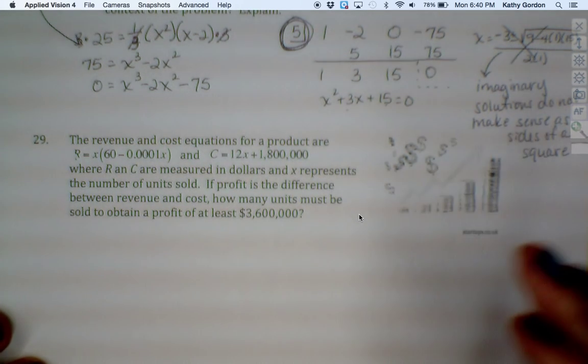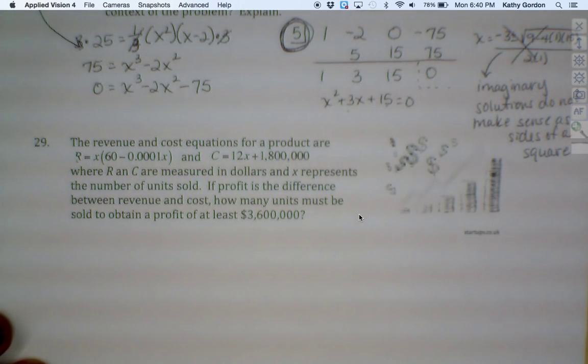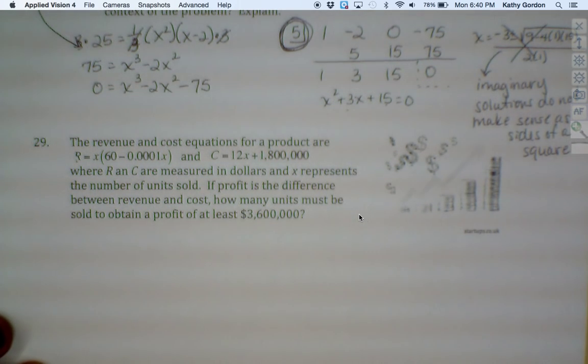So number 29, we're told that the revenue and cost equations for a product are R equals X times (60 minus 0.0001X). Okay, so that's revenue. And the cost, C, is 12X plus 1,800,000, where R and C are measured in dollars, and X represents the number of units sold.